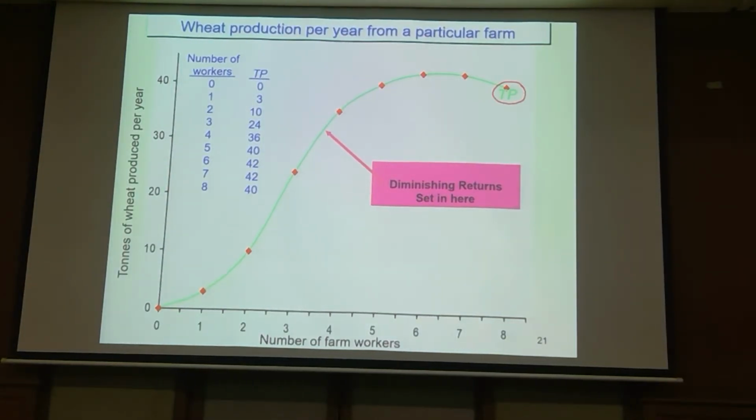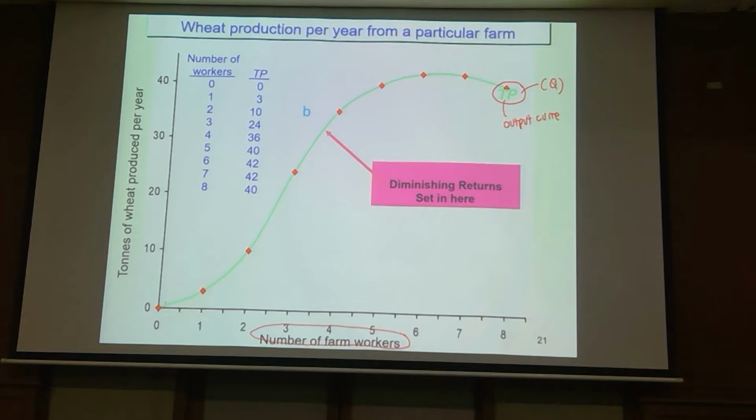Okay, suppose we have information on the left-hand side. Here is the same thing as Q. We can call that the output curve or total product curve. It's just the same thing, right? So here you see this is the number of labor that we employ to work in our land to produce the wheat output.